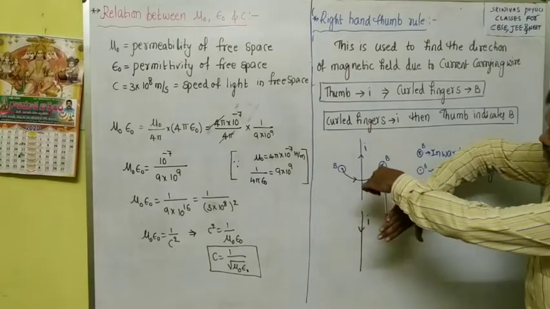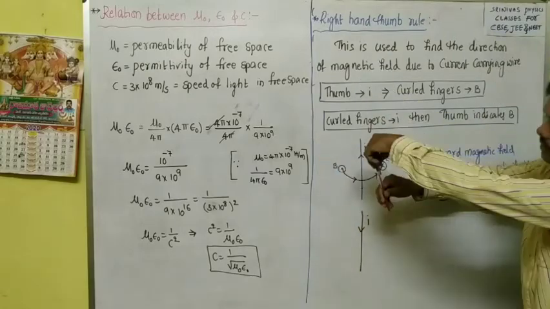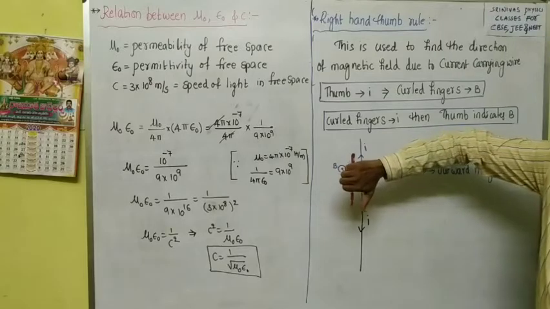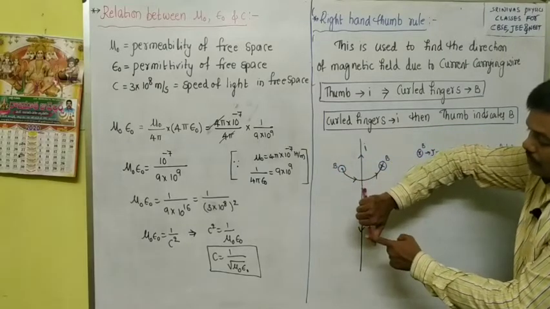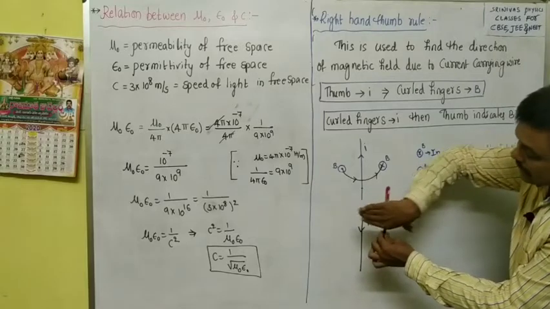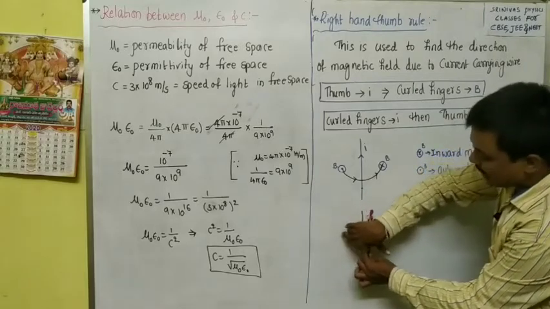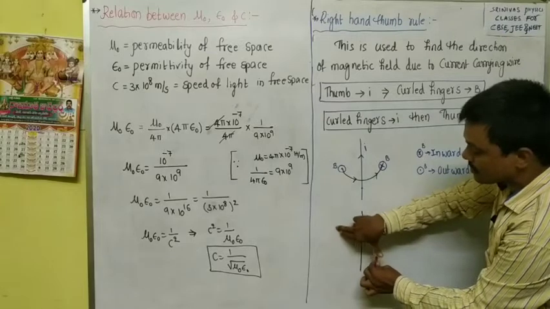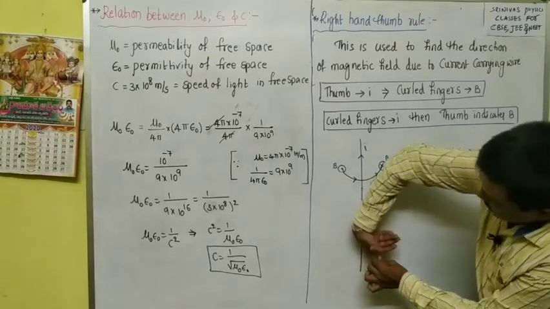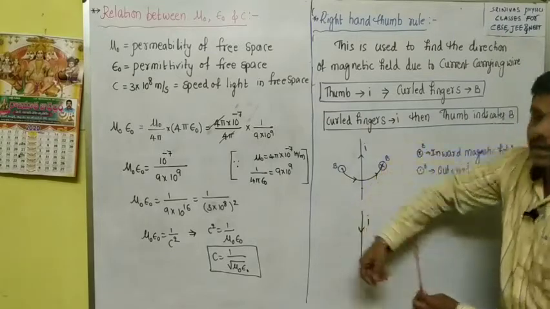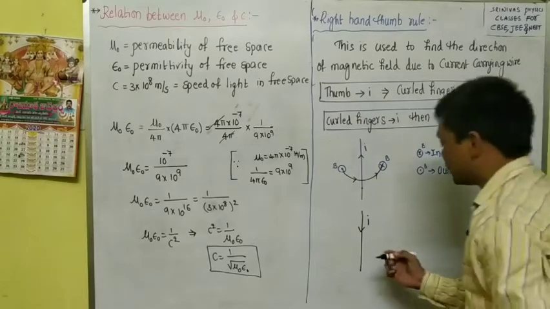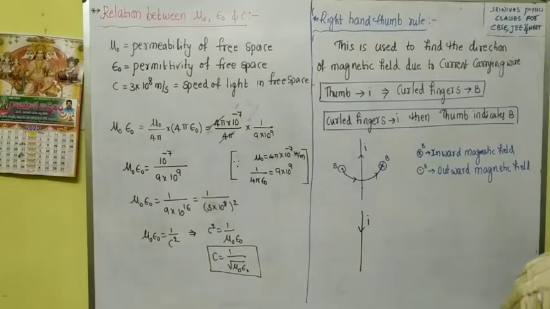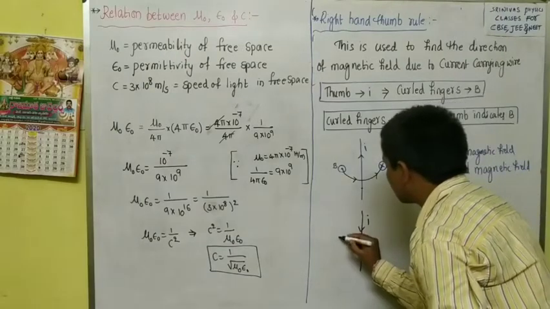We fold our right hand so that the thumb shows the downward current. This side entering we write as a cross, and this side leaving, coming outward, we write as a dot.